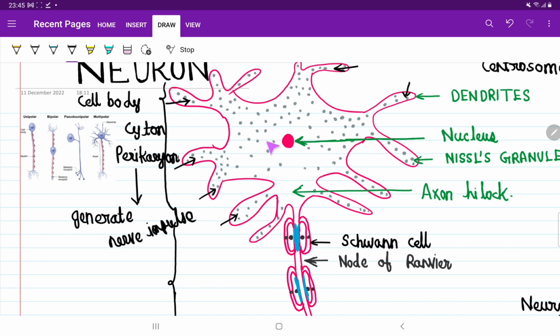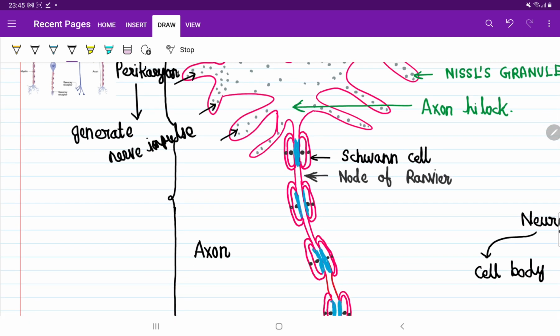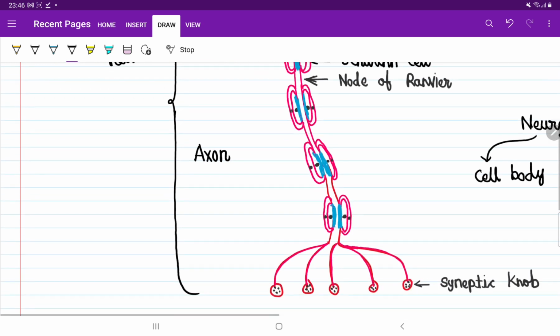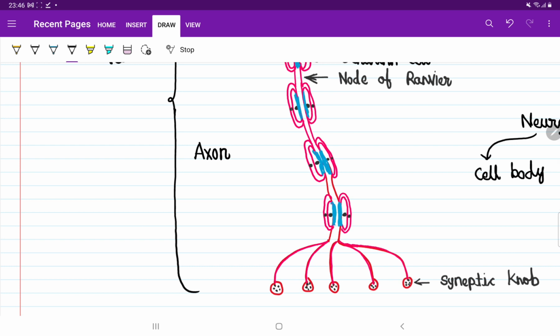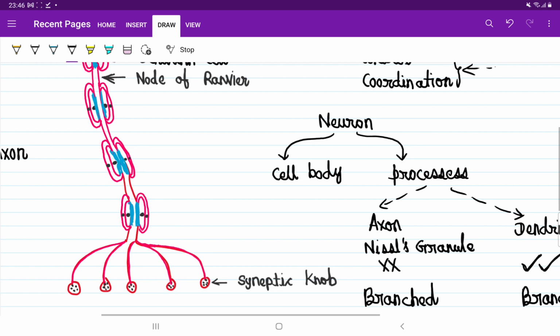Then it is brought to the cyton, nerve impulse will generate, and then it will transmit in this axon, and that impulse will be taken into the brain and spinal cord for decoding. So what is the function of the axon?